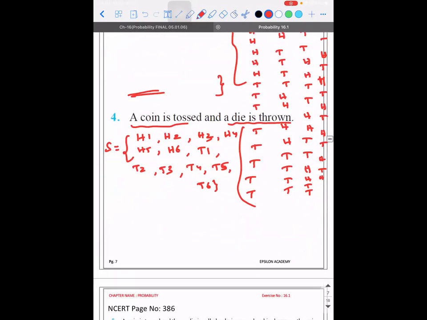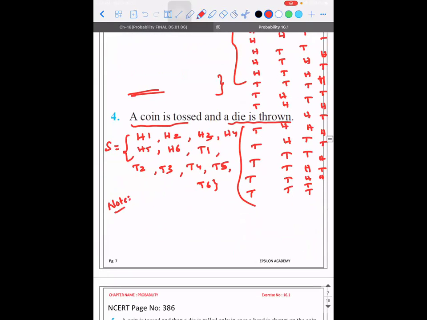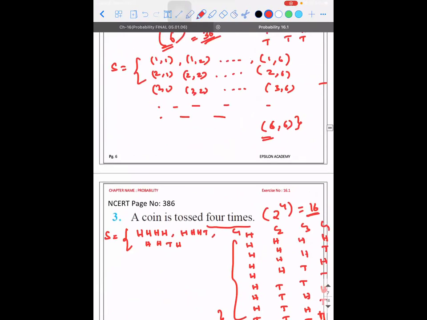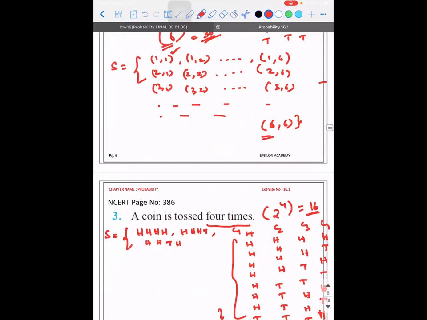So one important note here is, when you're dealing with letters like head and tail, you will not write it in an ordered pair format. Whereas if you're dealing with numbers, for example, when 2 dice are rolled, here I wrote it as 1,1 within a bracket. I didn't write it as 11 because 11 is eleven actually. Whereas if I write H1, it is understood that head comes from the coin and 1 comes from a die.